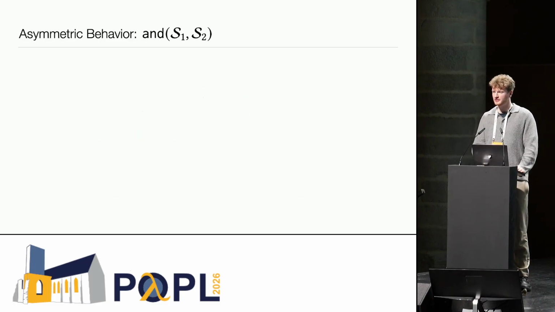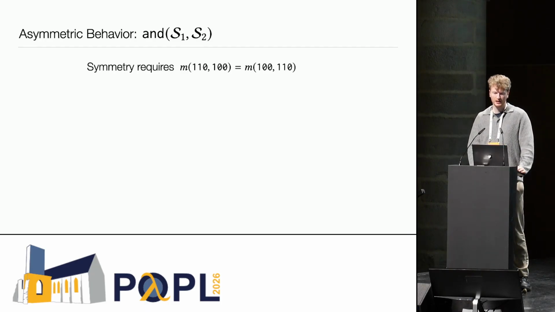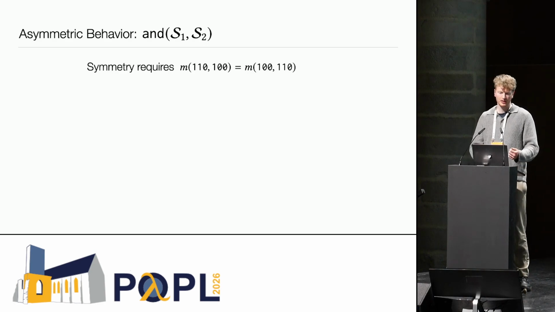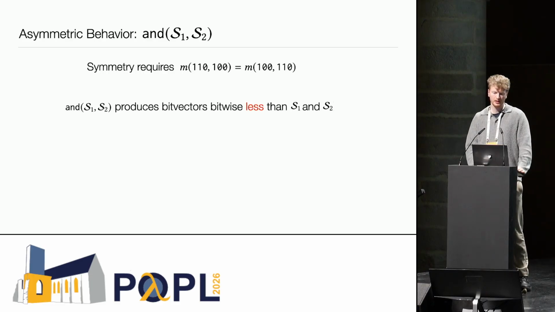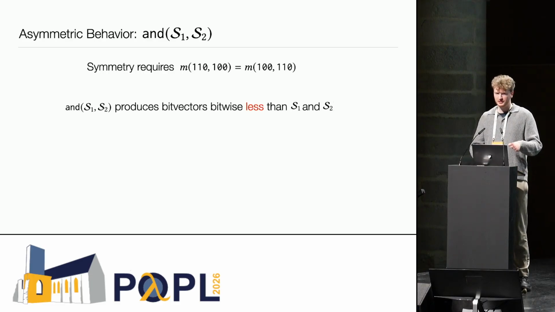Now let's switch domains to the bitvector domain and look at the bitwise AND operation. So symmetry would require that the distance between the bitvector 110 to 100 is the same as the other way around, from 100 to 110. But the AND operation also only works in one direction. It always produces bit vectors which are bitwise less than its inputs.